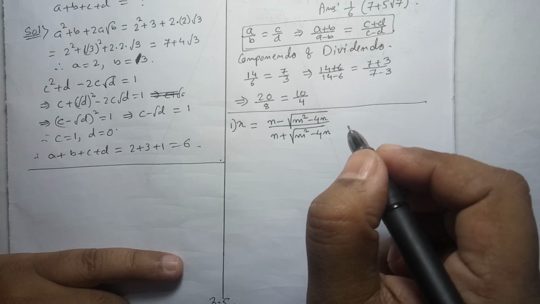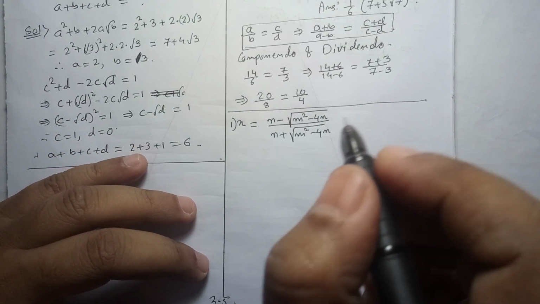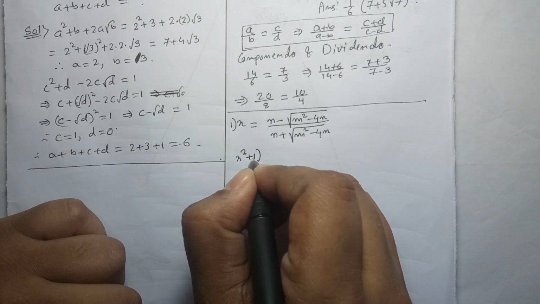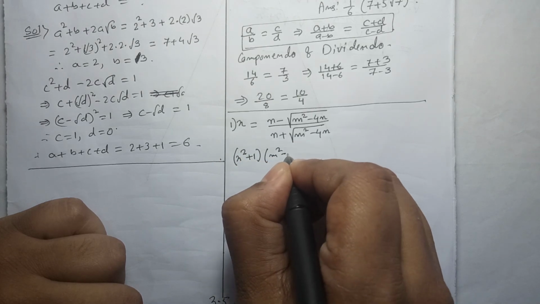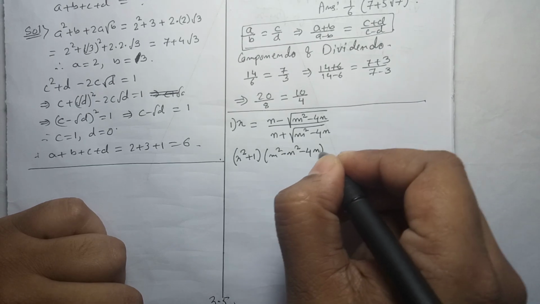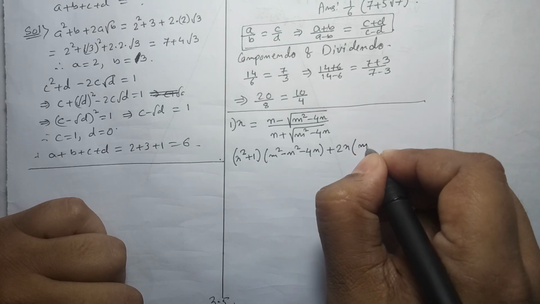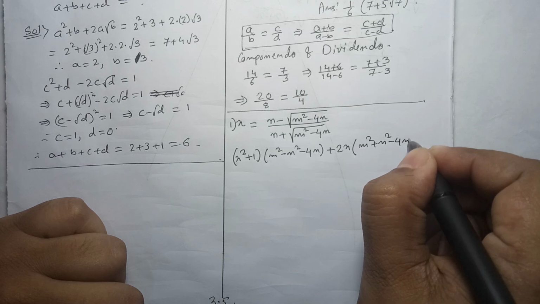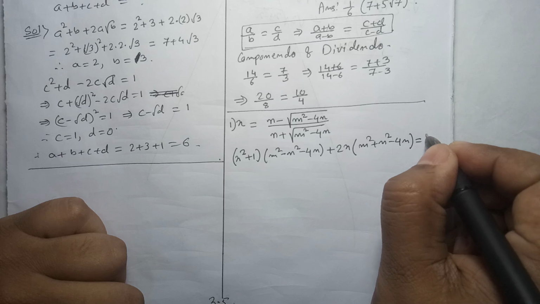Then I am supposed to find the value of x square plus 1 into m square minus n square minus 4n plus 2x into m square plus n square minus 4n is equal to what?